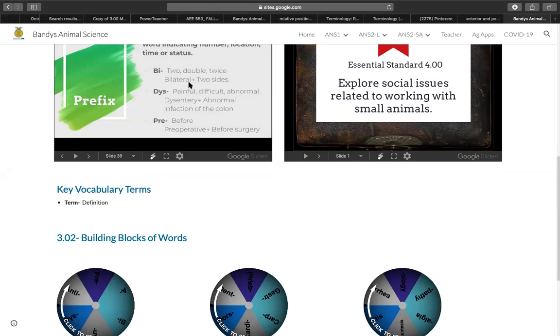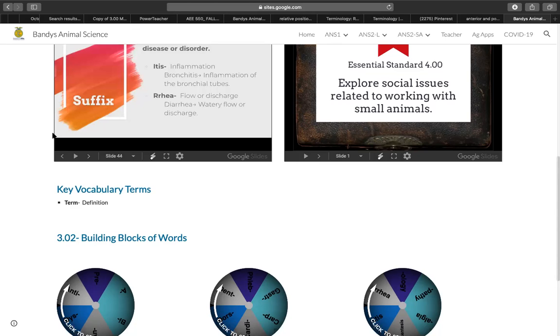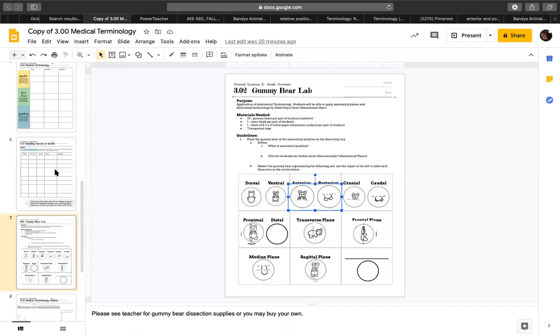All right, so dys would be painful or difficult or abnormal. So then we had the gastr, stomach, and rhea, flow or discharge. So you would come back here.